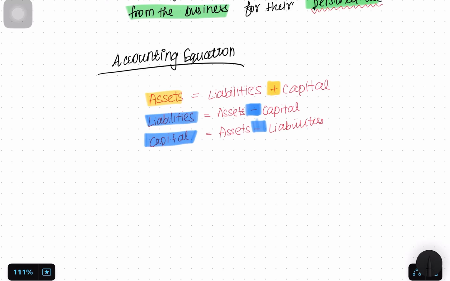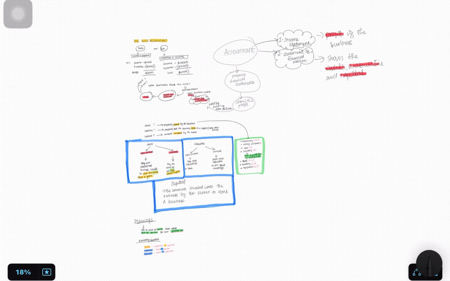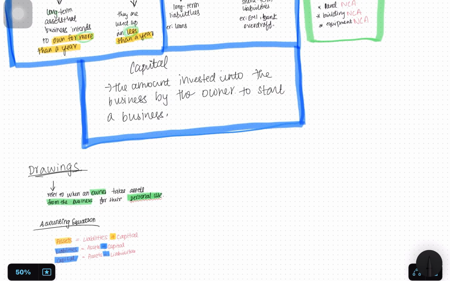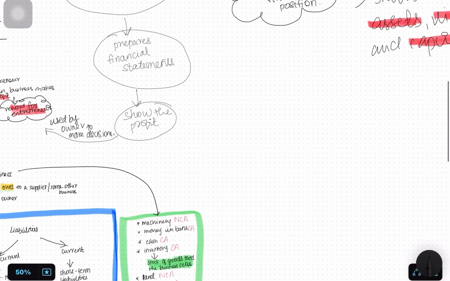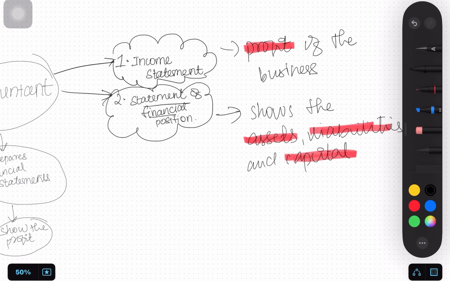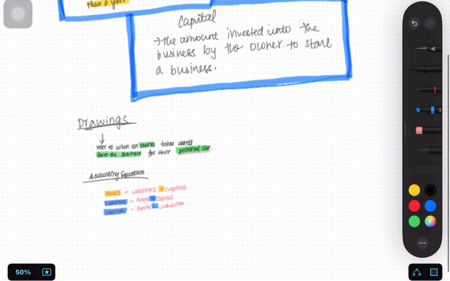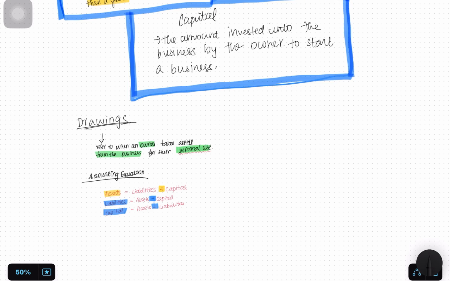So why is the accounting equation important? The accounting equation is what is shown in the statement of financial position. So if you know this equation, you can simply create a statement of financial position. It's very easy. If you know what are non-current assets, current assets, non-current liabilities, current liabilities and capital, you will easily be able to create a statement of financial position.